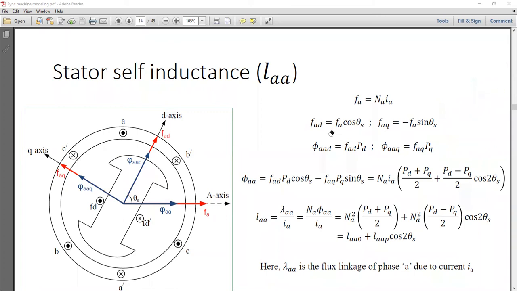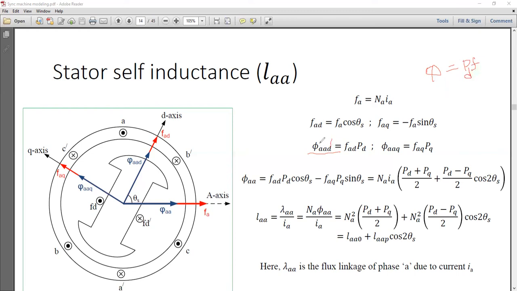So we have FAD and FAQ already calculated. Next, what is the target? We have to calculate the flux along those two axes. What was the flux relation that we just mentioned? The flux in general is P multiplied by F. So we are looking for phi AAD, so we have to take PD.